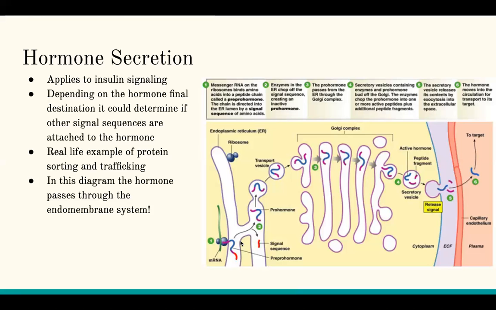Whereas with the ER and mitochondria, while the protein is still being synthesized, it's being pulled through the ER. So yeah, I hope that makes a bit more sense than what I said earlier.